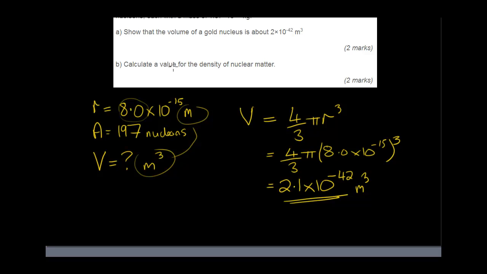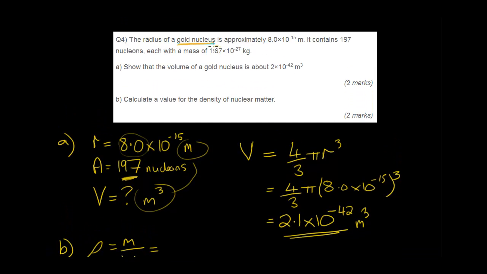Now we have to calculate a value for the density of nuclear matter. That was part A. So the density, rho, is mass over volume. What's the mass? We've got 197 nucleons, and each nucleon has a mass of 1.67 times 10 to the minus 27.